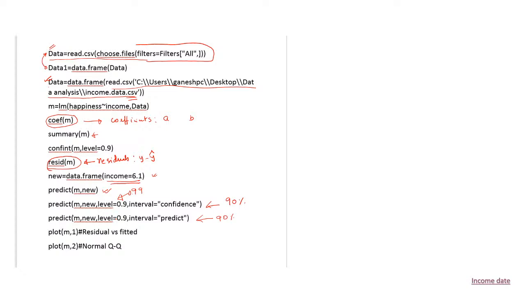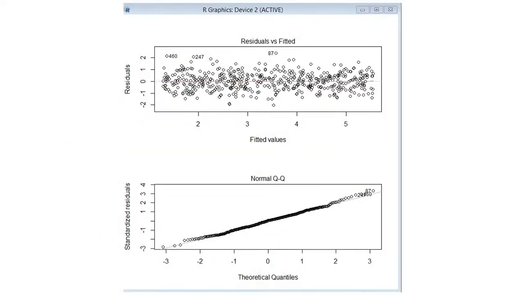and plot n comma 1 gives the residual versus fitted plot. So this is the residual versus fitted plot, and here we observe that there is no pattern. Points are almost randomly distributed.